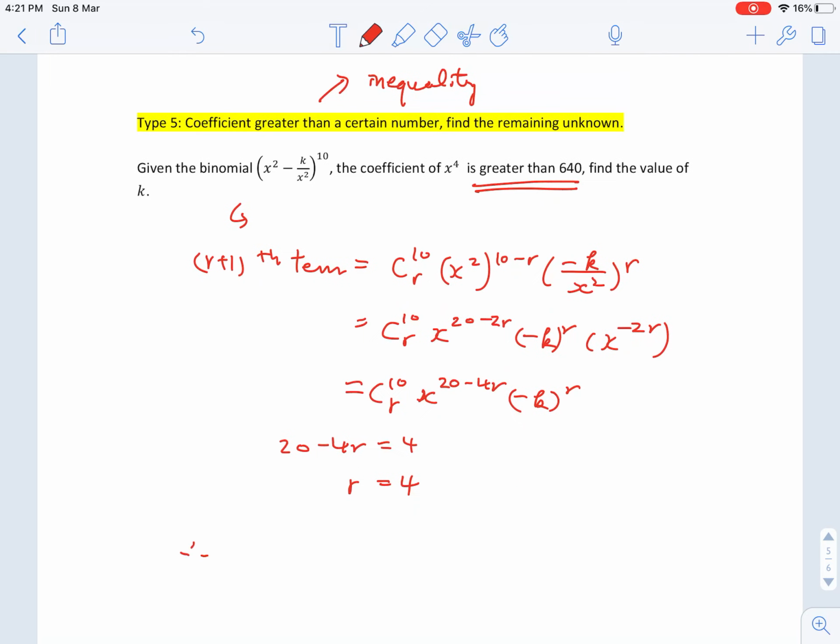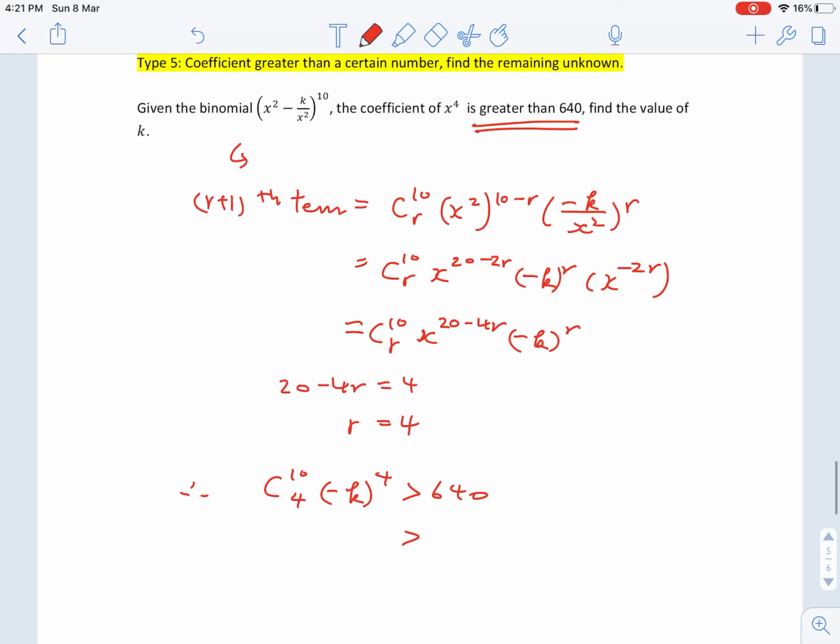Therefore, now we have the inequality: 10 choose 4 times negative k to the power of 4 is greater than 640. If you plug it into the calculator, it's 210 k to the power of 4 greater than 640.